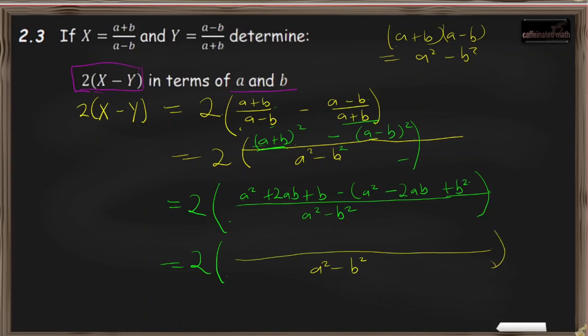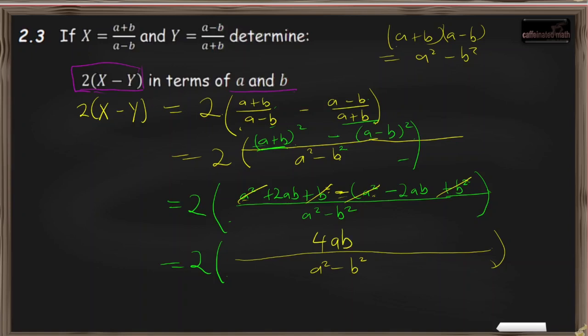Now let's have a look. A squared and then minus a squared, that's going to zero out. Me and dropping exponents, that is bad. B squared minus b squared, well, that zeroes out. Now we have to remember that a negative and a negative gives us a positive, and 2 plus 2 is nothing other than 4ab.